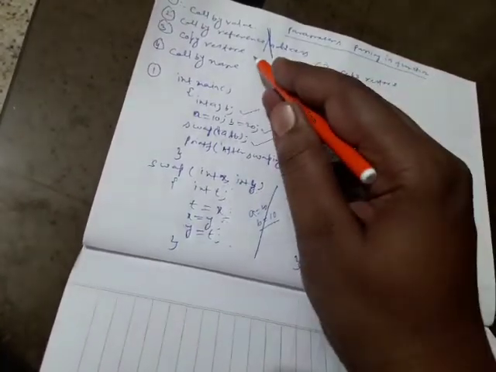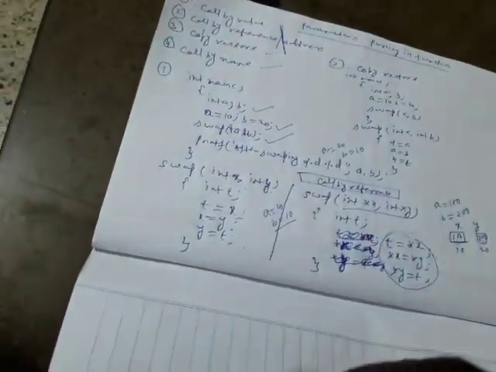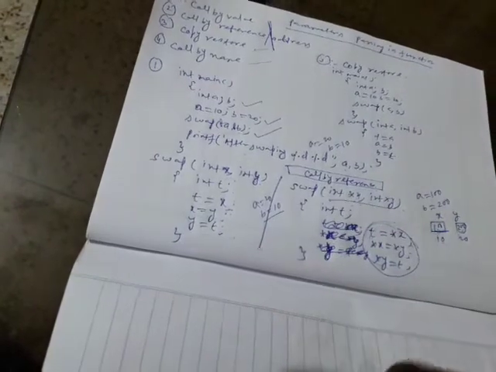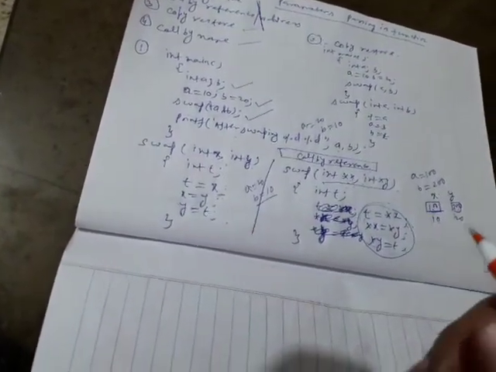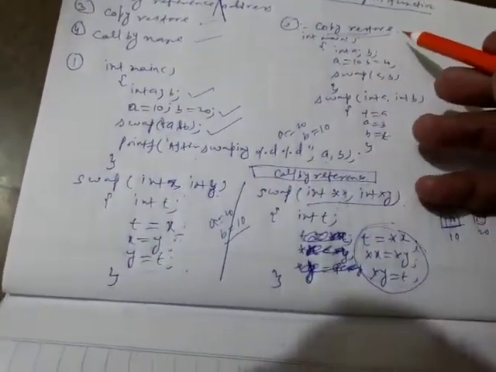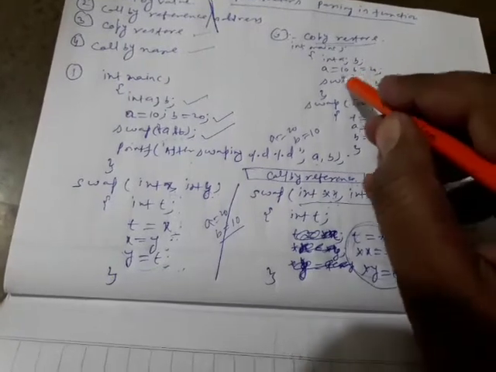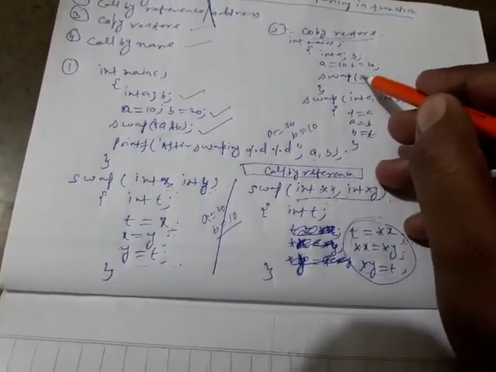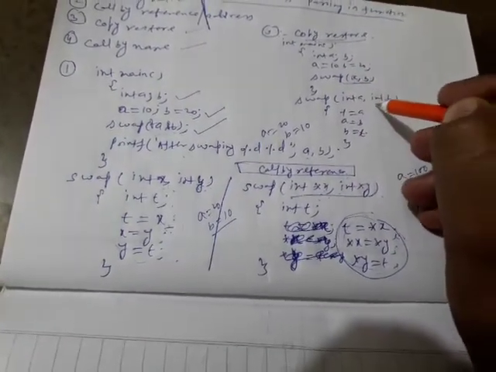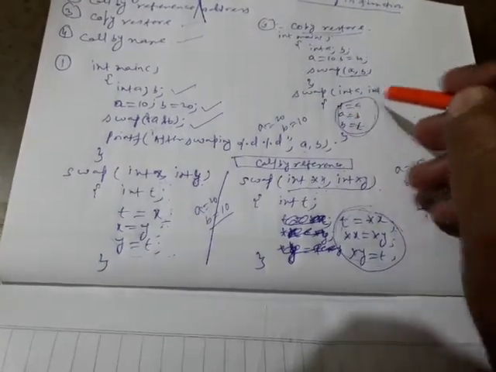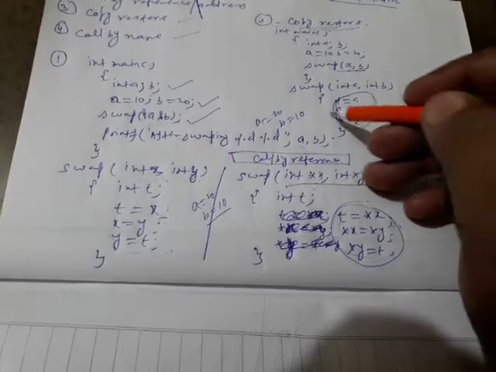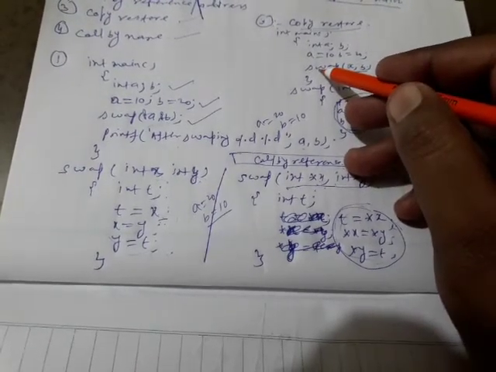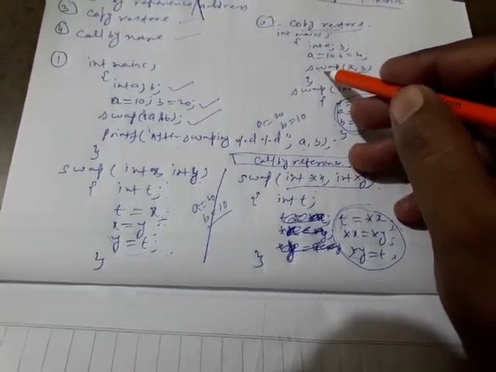Now you can go for copy restore, because this is also important in the compiler design syllabus. There are different parameter passing techniques, so that will be required. In copy restore, we are passing the actual parameter values, but when the changes occur, those changes will be made to the addresses of your actual parameter.